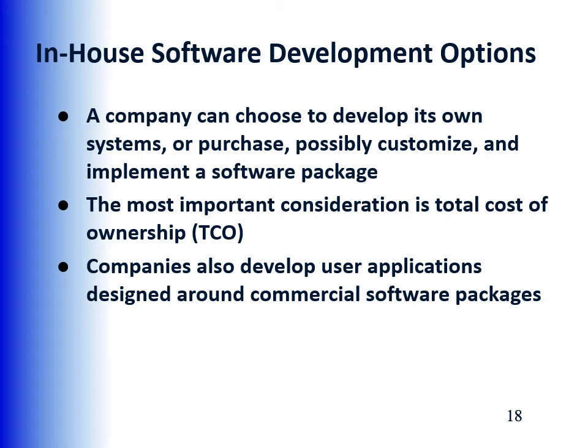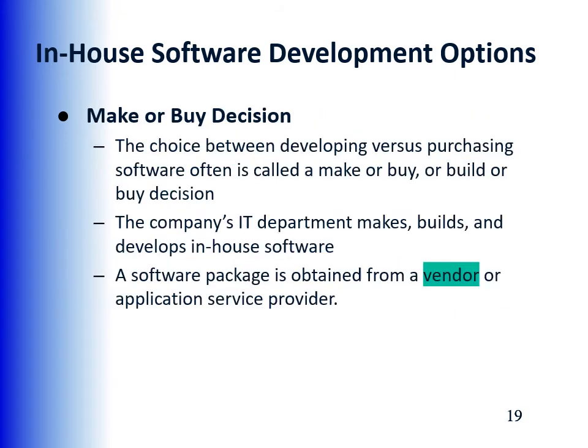A company basically can choose to develop its own system or purchase, possibly customize, and implement a software package. And the most important consideration is the total cost of ownership. Okay. Companies also develop user applications designed around commercial software packages.